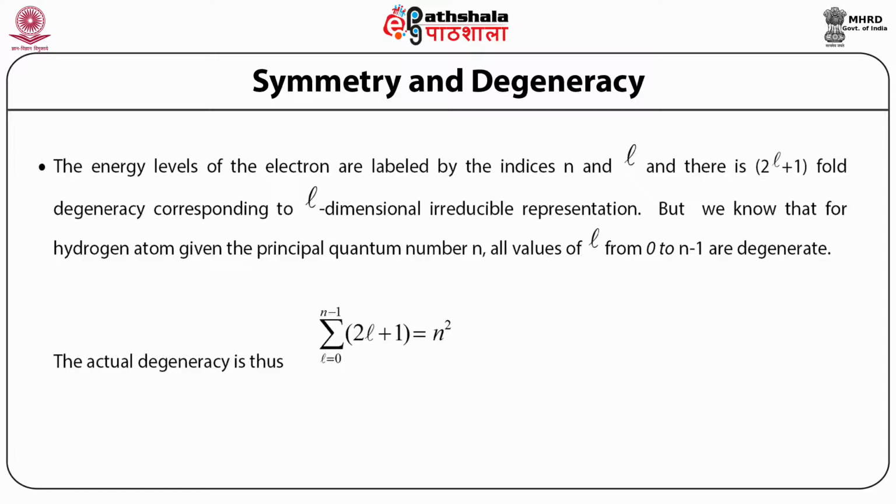Thus, apart from the case of such dynamical symmetry operations, the set of eigenfunctions belonging to a given eigenvalue form the basis of one of the irreducible representations of the symmetry group G, with the degree of degeneracy given by the dimension of the irreducible representation. I will illustrate this with the help of an example.